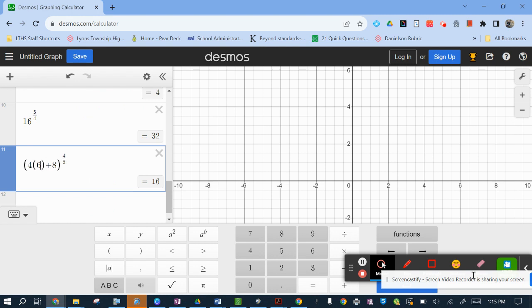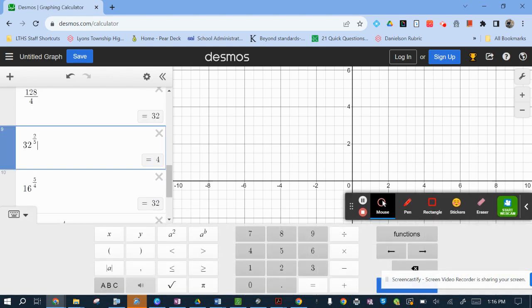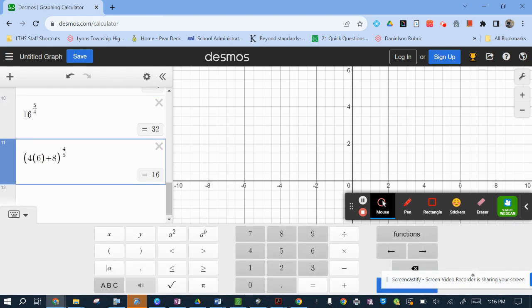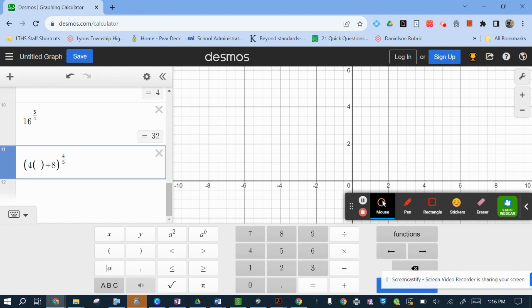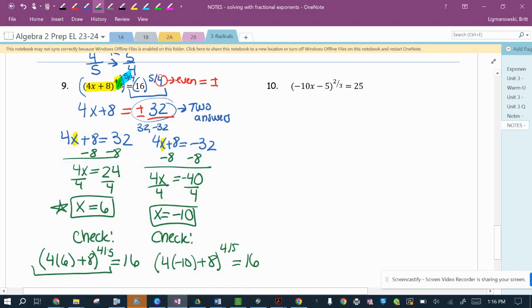So I'm just going to change this 6 to a negative 10. Sorry guys, my keyboard's having a little trouble here. Good. Also equals 16. So that means these are both answers.